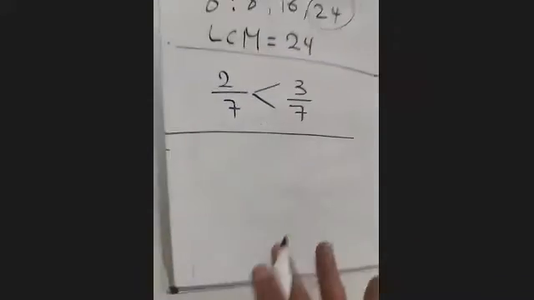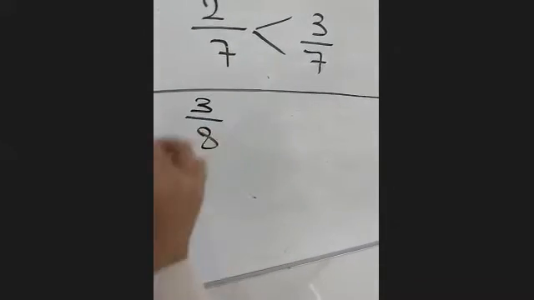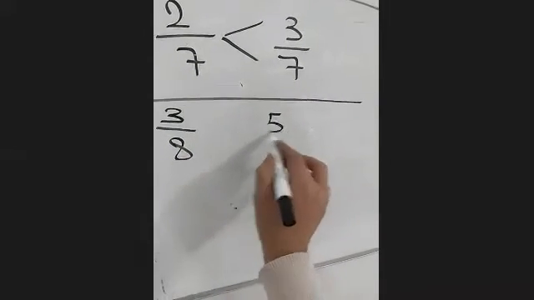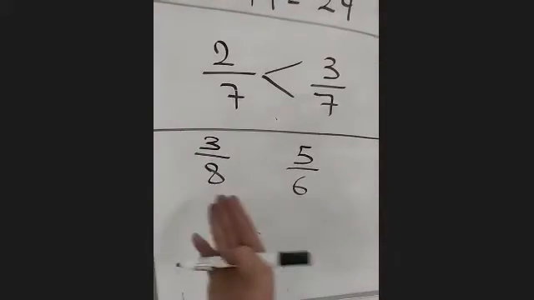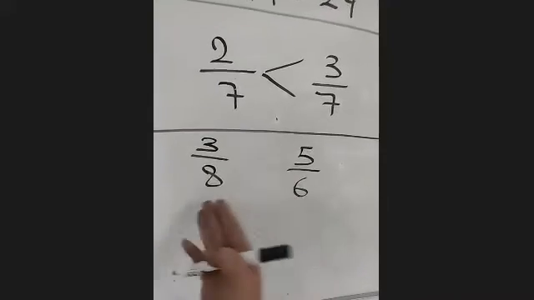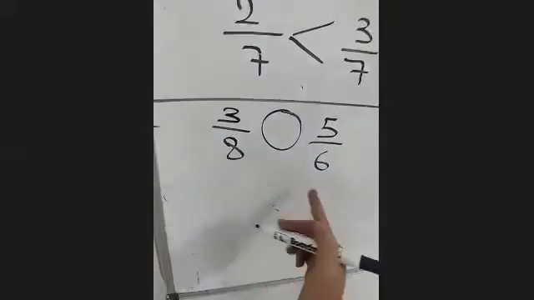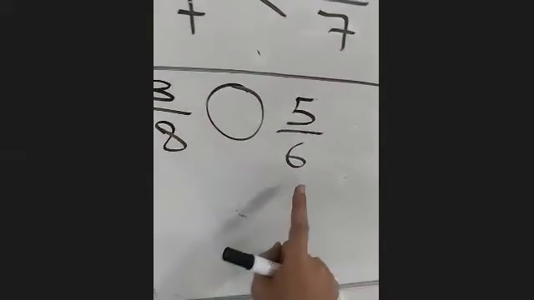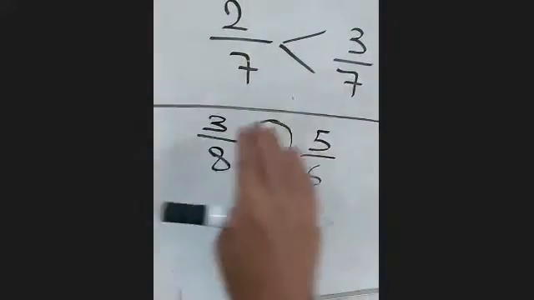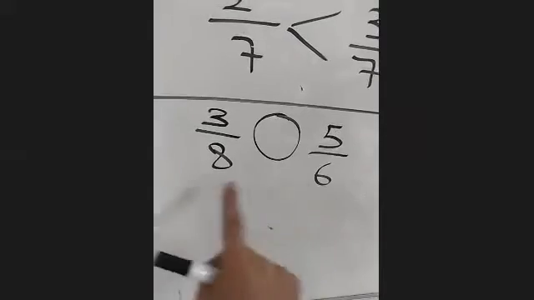For example, if we want to compare 3 over 8 and 5 over 6. Here we have different denominators. So how do we compare between these two fractions, guys? First, we will find the least common multiple of the two denominators, not the numerators, not the 3 and 5, no. We care about the denominators down.